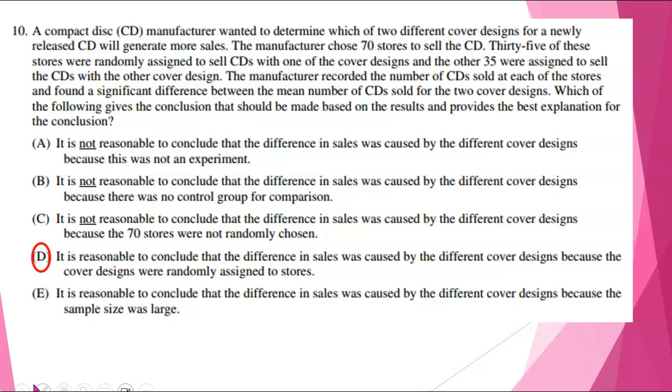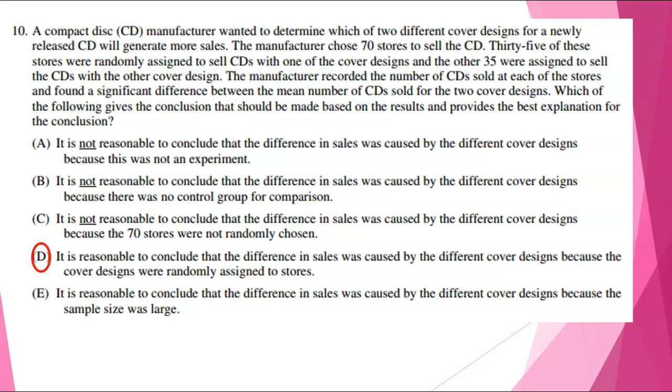Another option says it's not reasonable to conclude the difference was caused by the cover designs because the 70 stores were not randomly chosen. Once again, the random assignment of the treatment is what allows us to infer cause and effect. Just because these stores were not randomly selected, the treatment was randomly assigned to each of these 70 stores.